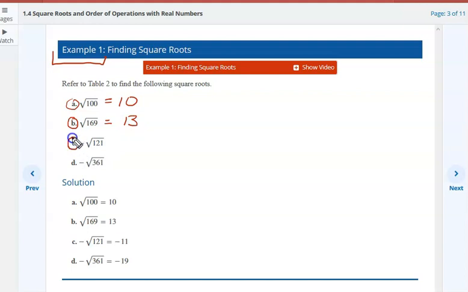Item C. Now, this is a little tricky because it's a negative square root of 121. Well, the square root of 121 is 11, but now we apply that negative sign that's out in front, so this would become a negative 11. And a similar one for letter D here.